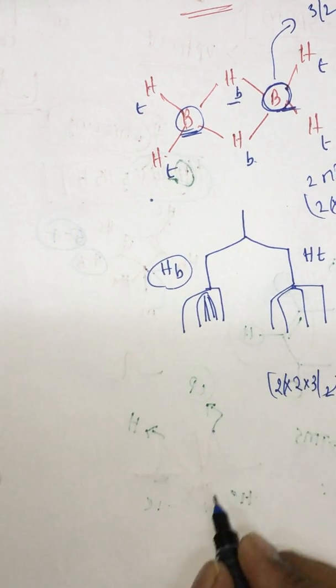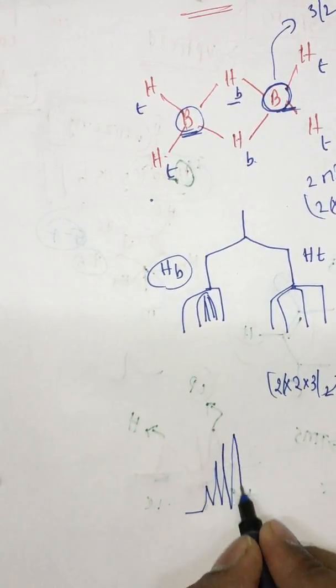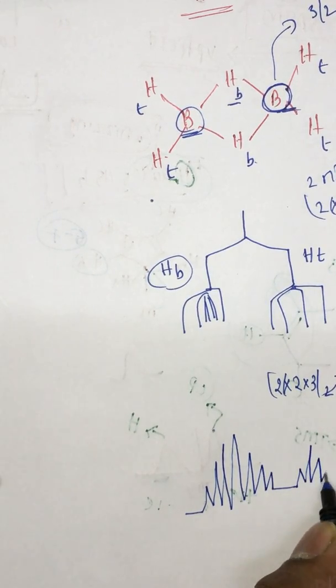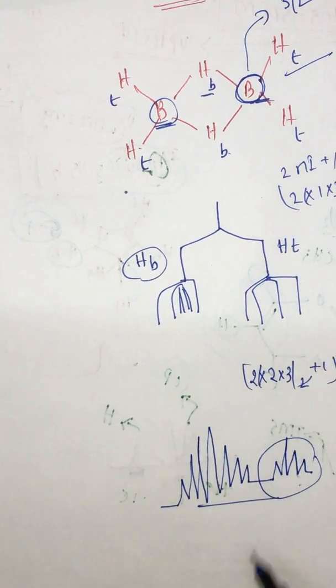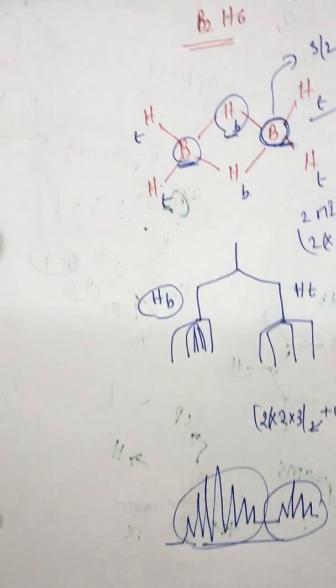So the spectra includes one 7-line signal and one 4-line signal. The 4-line signal is for the terminal hydrogens, and the 7-line signal is for the bridged hydrogens. So this is about diborane.